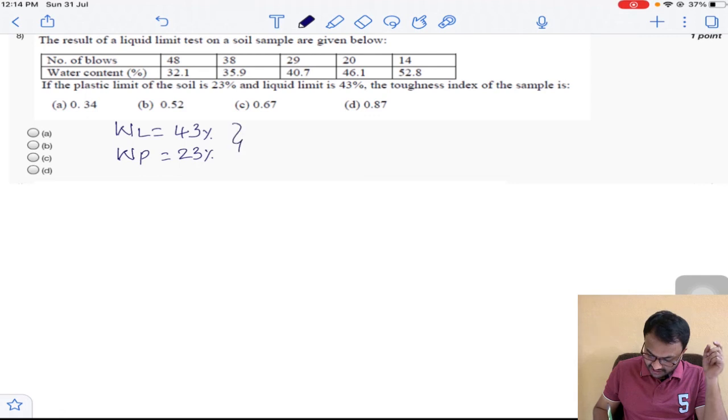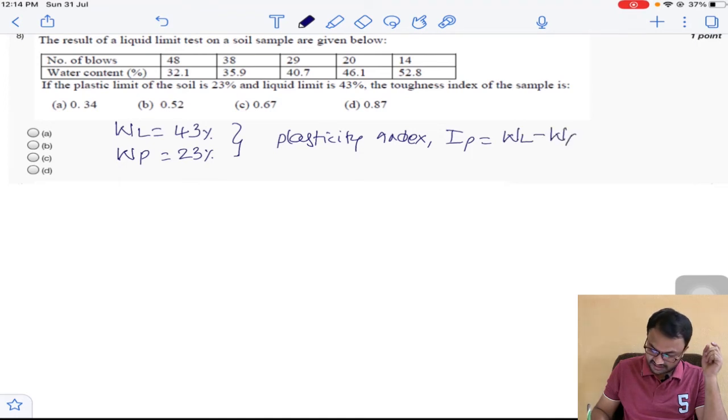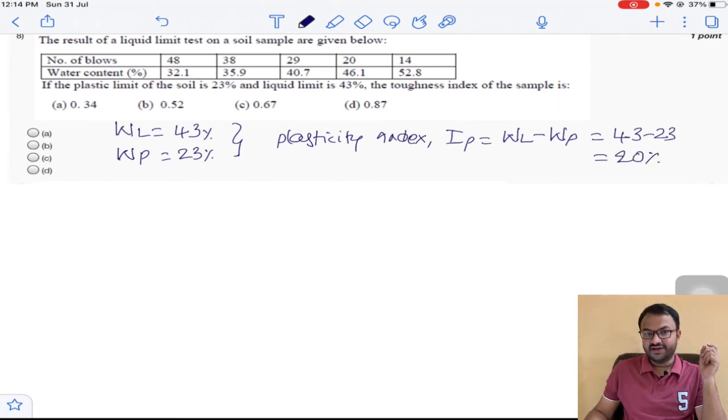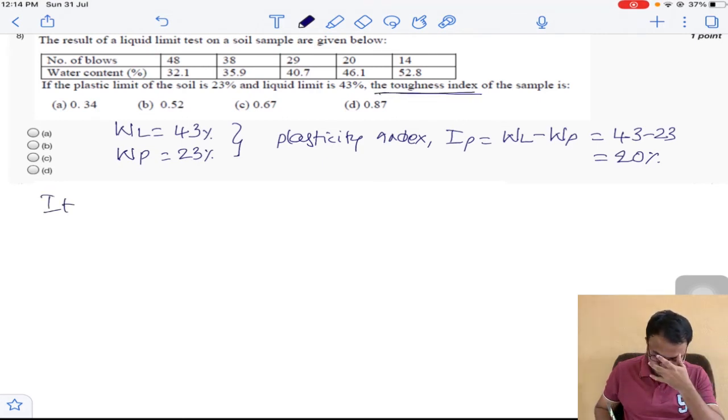From these two values I can calculate the plasticity index, IP, which is liquid limit minus plastic limit, that is 43 minus 23, so its value is 20%. What he has asked is the toughness index, that is IT equal to IP divided by IF.